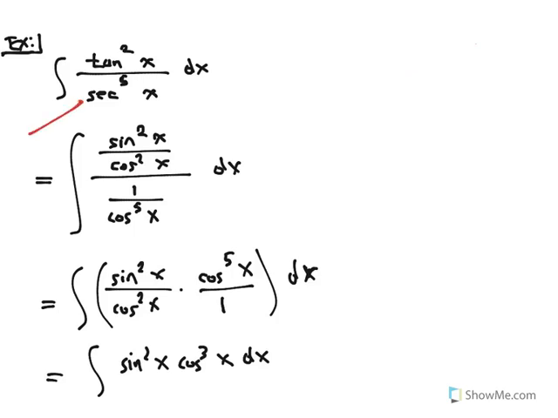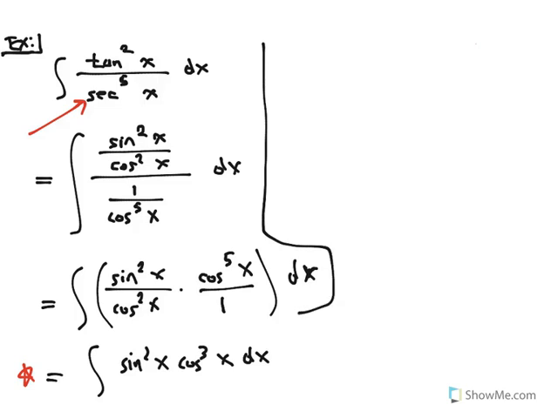So by converting the integrand from our problem to sines and cosines, we're able to get to this step, and it becomes like a problem that we did in lesson 1 last week. So what we can do now is the following.